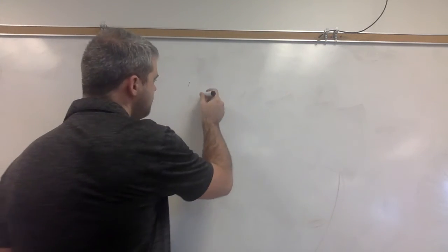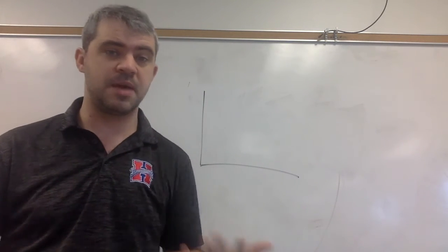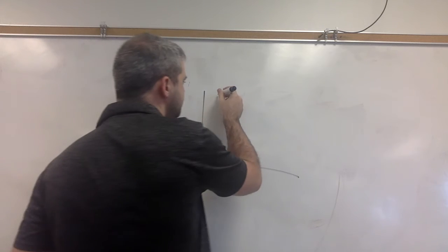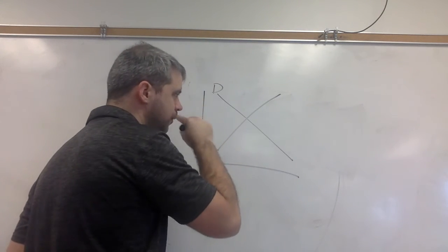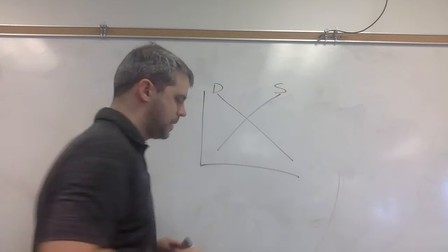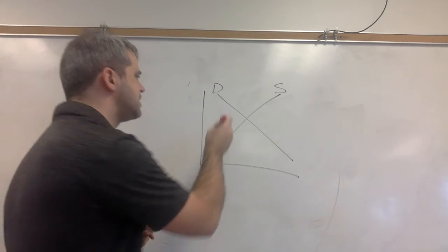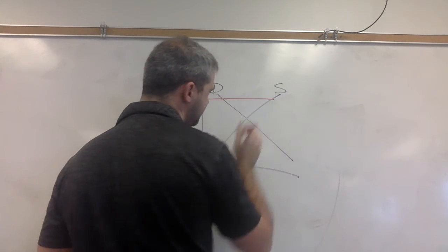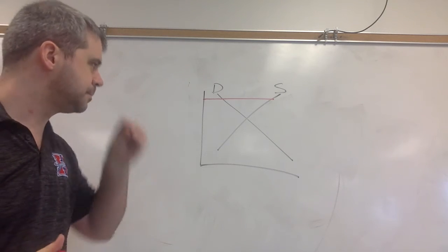So, one big debate that people like to talk about a lot is the minimum wage debate. So, let's say I've got demand for the labor and I have the supply. Now, minimum wage, what it often does is it puts the wage above the equilibrium wage. And we already kind of know what's going to happen here.